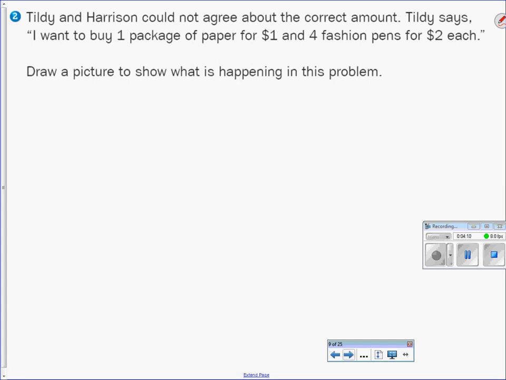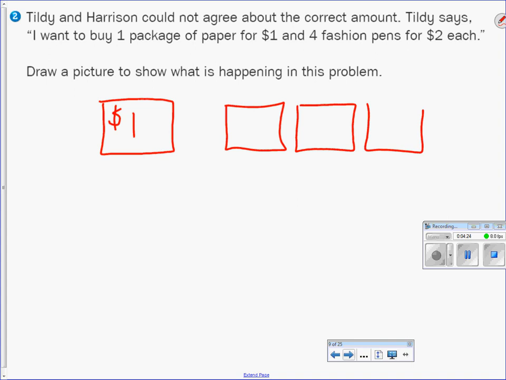All right, so let's look at this. She has 1 package, and they want me to draw a picture. 1 package, and that is $1. And then she has 4 fashion pens. There's 1, 2, 3, and 4 fashion pens, and each one of these is $2.